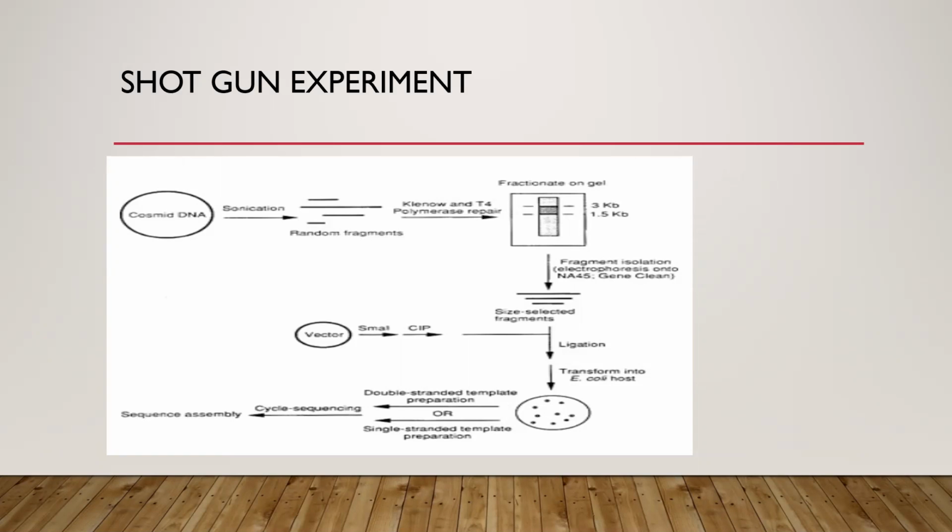That is the reason it is named the shotgun experiment. Quasi-random fragments mean short grouping, the great abundance of repetitive shotgun sequences. Okay, repetitive sequences, so it is quasi-random.